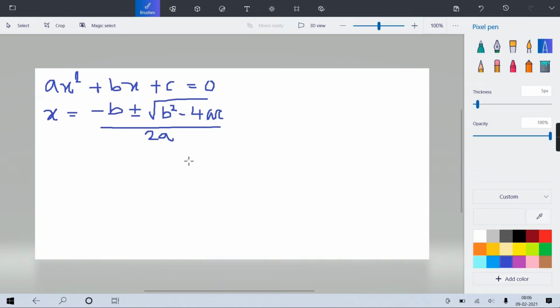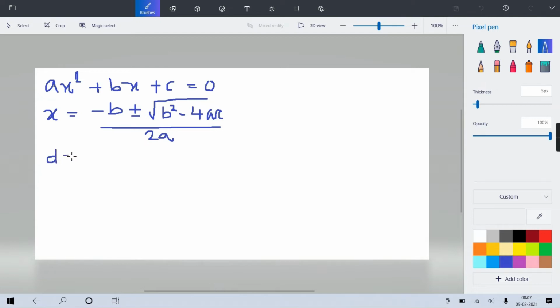I hope you know complex numbers. You'll get 2 complex conjugates. We write them like this: a plus bj, j or i depending on what you want, and another will be a minus bj. That a is called the real part and b is called the imaginary part. Somewhere in 12th you have done complex numbers.